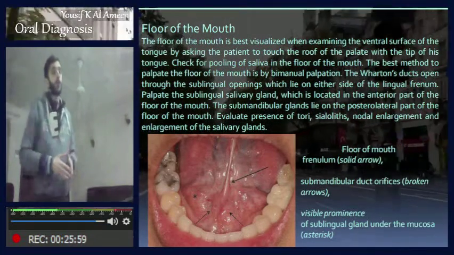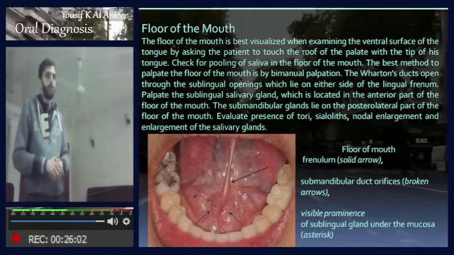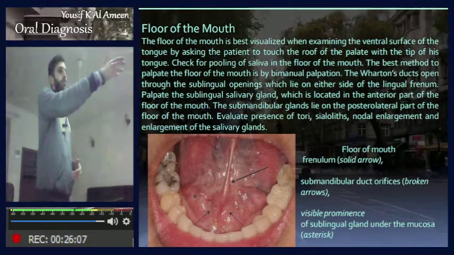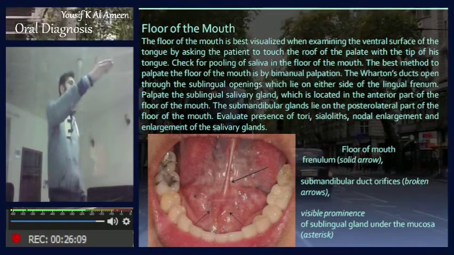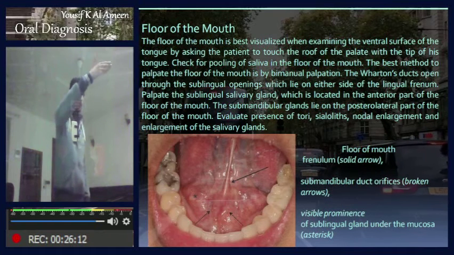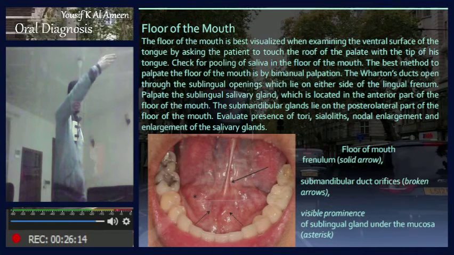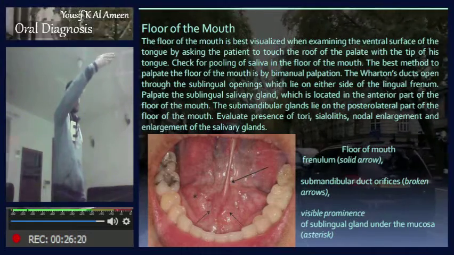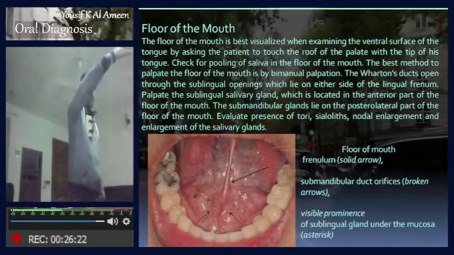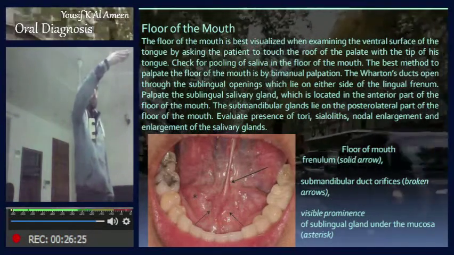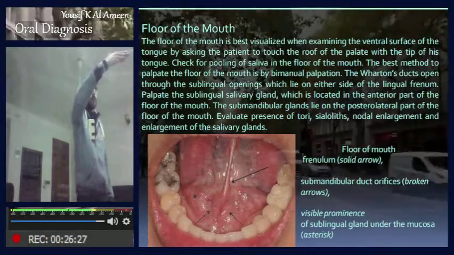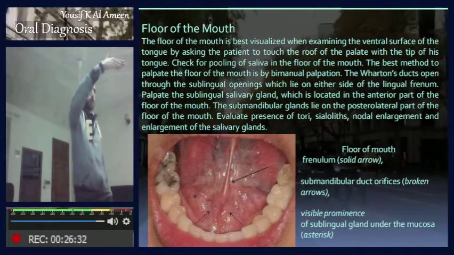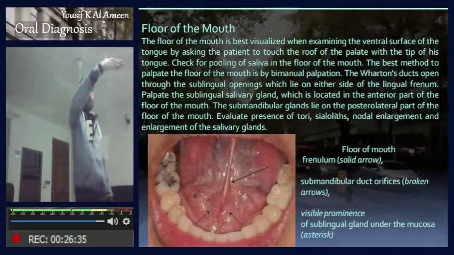Floor of the mouth. The floor of the mouth is best visualized when examining the ventral surface of the tongue by asking the patient to touch the floor of the palate with the tip of his tongue, and check for pooling of saliva in the floor of the mouth.